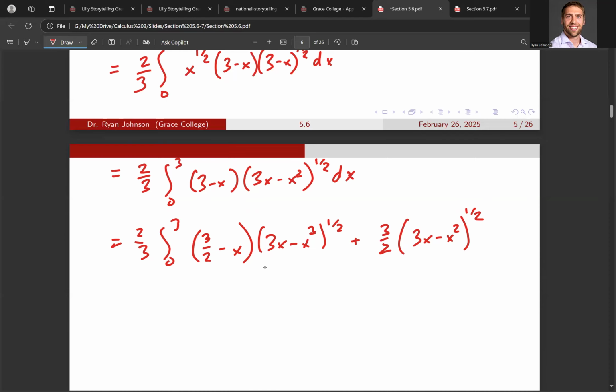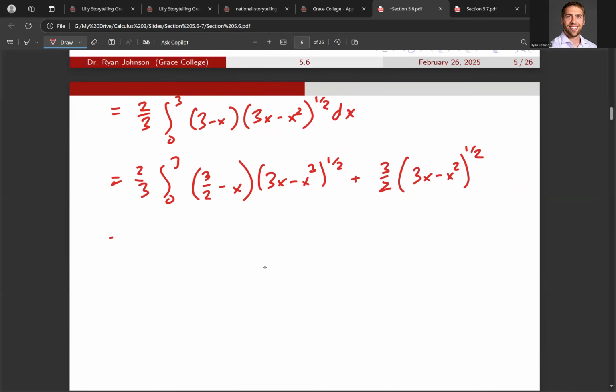So let's do it. I'm moving the 2 in. I'm moving the 2 across everything. 0 to 3. 3 minus 2x. I need the 1/3 there, times 3x minus x squared to the 1/2, plus 3 times, I need to complete the square inside here.